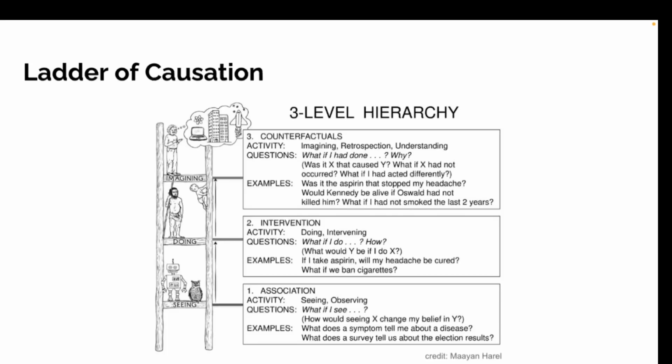It's hardest because it's about the past that has already happened, and you are trying to basically change the conditions in the past and then estimate what would have happened if I altered a certain condition, right? We will talk about that a lot later, so it will become more clear.